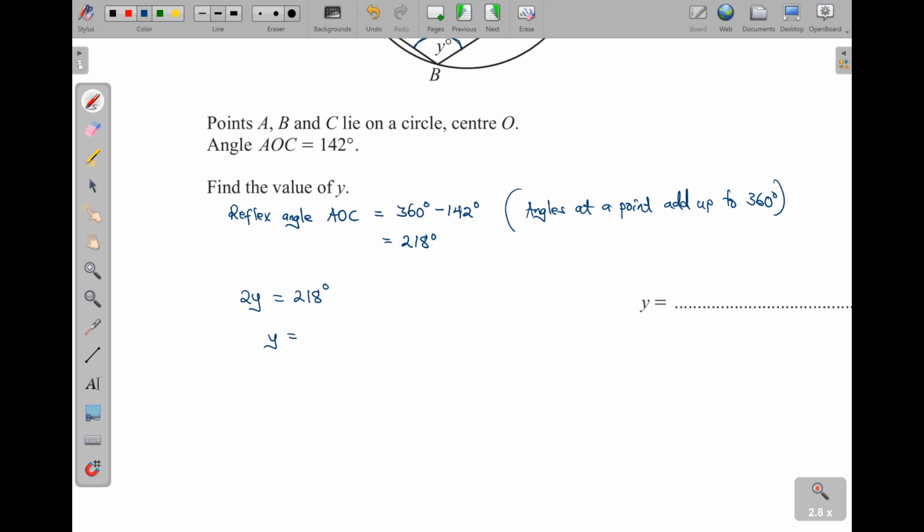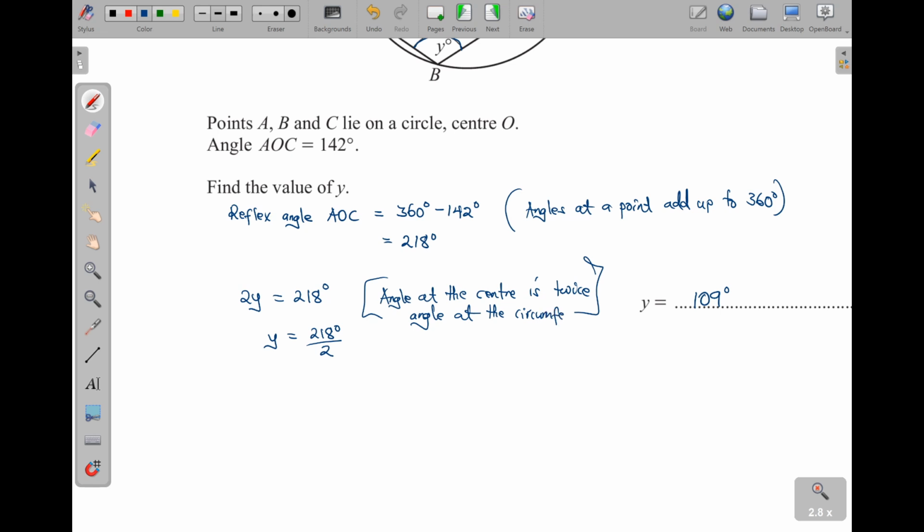So meaning y is going to be 218 divided by 2, and my answer is going to be 109. My reason here is angle at the center is twice angle at the circumference.